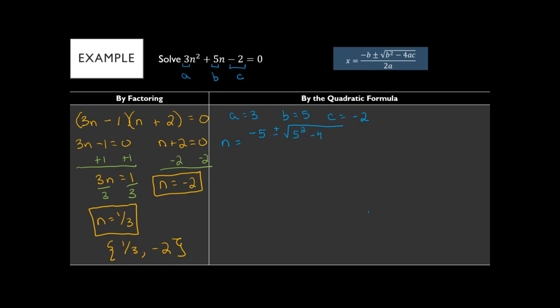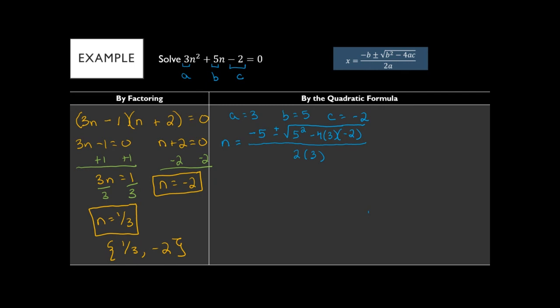Then -4, and then times a, so that's times 3, and then times c, so that's times -2, and then making sure that I'm extending the square root all the way across those. Then I have to make sure that the whole thing is on the fraction, so my fraction bar has to cover that whole thing that I just wrote, and then we have 2a, which is 3.